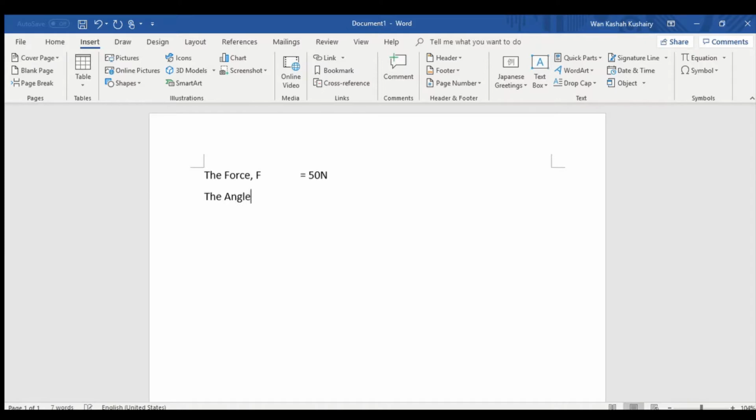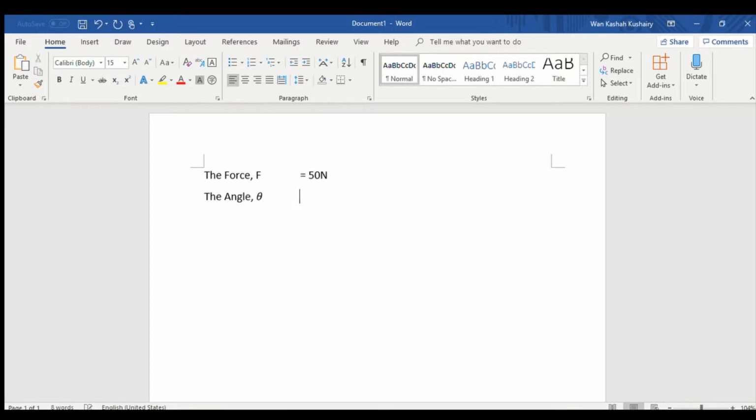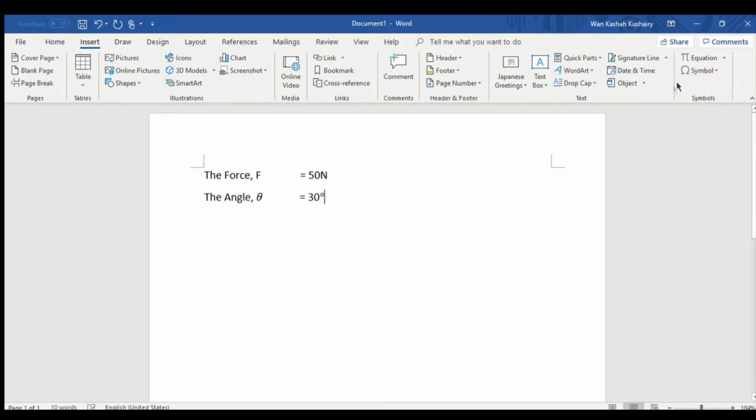Next is the angle, or theta. The angle is 13 degrees. Finally, the distance the box has traveled, or D, that is 3 meters.